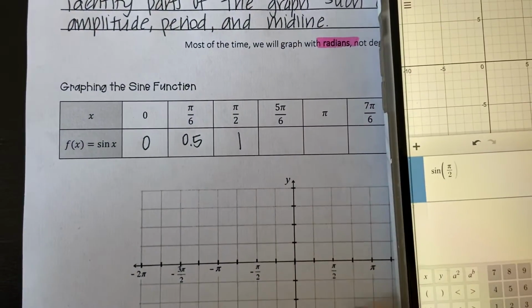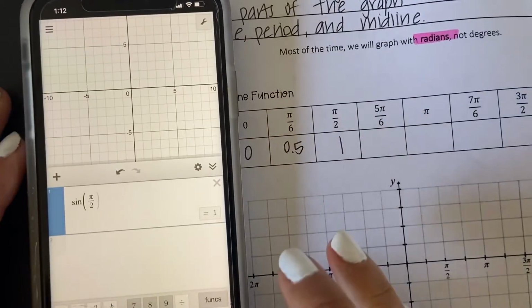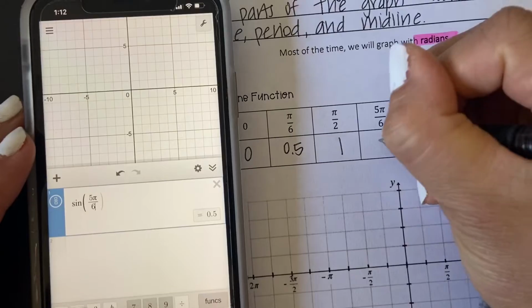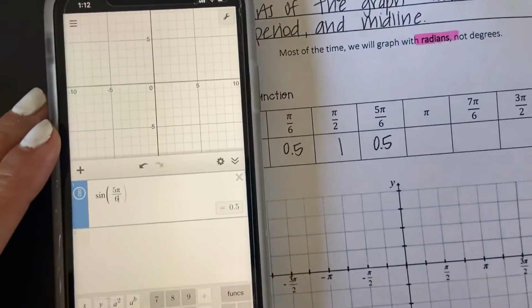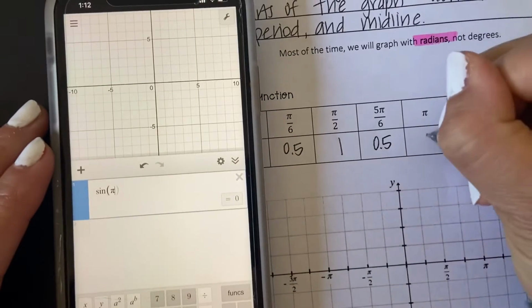We're going to go ahead and do this for all of them. Sine of 5 pi over 6, 0.5. Sine of pi is 0.